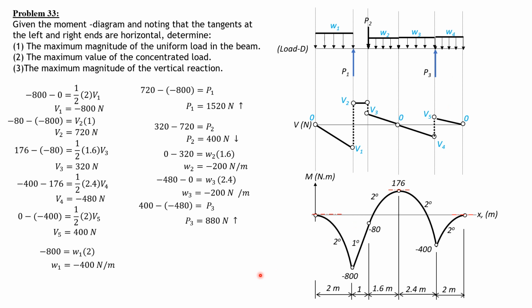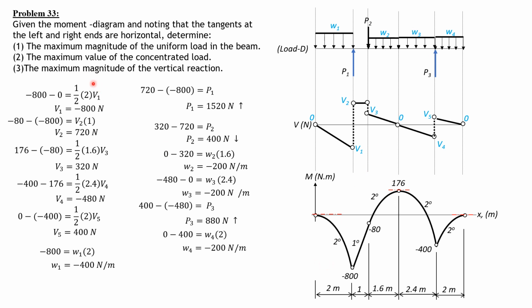So W4 is also negative 200 newtons per meter, or 200 newtons per meter downward. So therefore, because this is already 0, there's no abrupt change in shear. So that's the load diagram, 400. Then W2, W3, W4 are equal to 200 newtons per meter each downward.